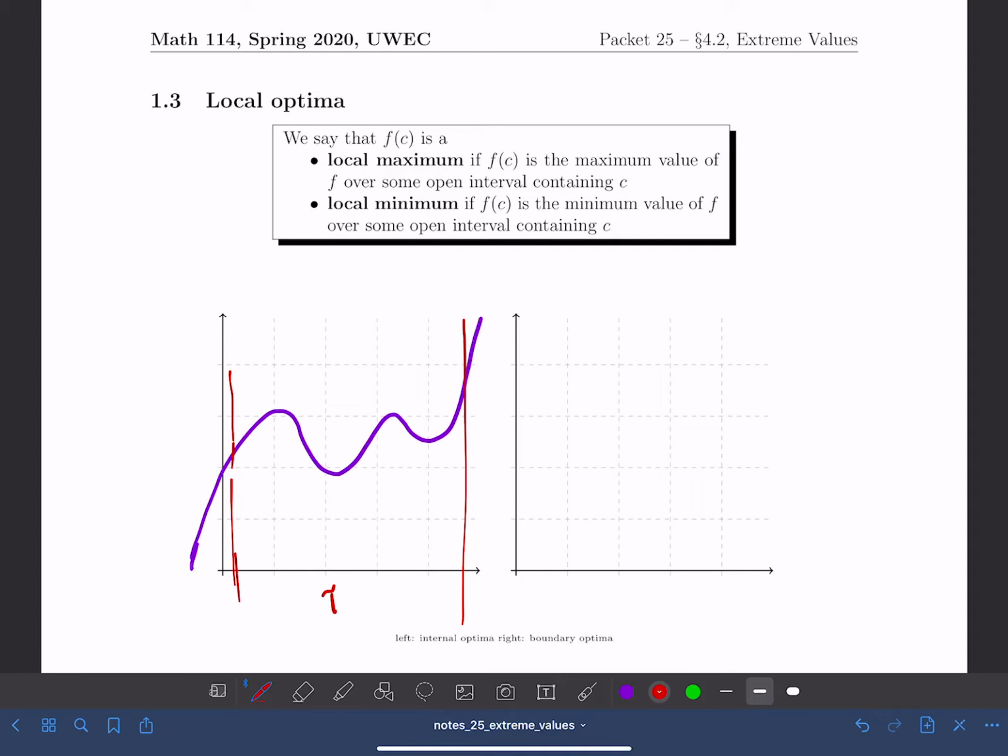So that's my interval. My local optima are all of those places. And they can occur at boundary points too. They can also occur if I have a function that looks like that. They can also occur in the middle of the function as well.